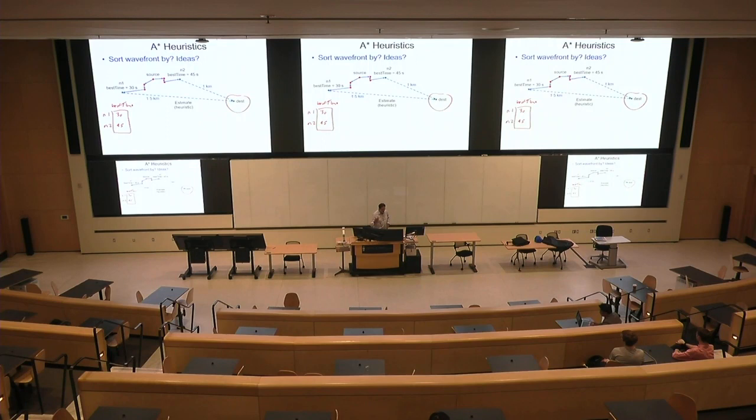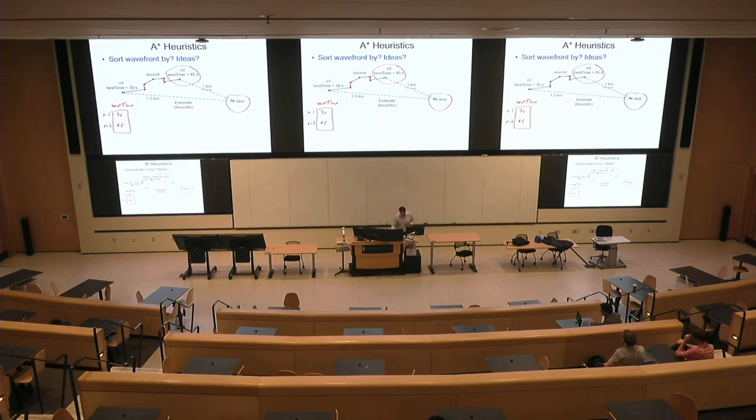Okay, so I'm going to give you, let's see, actually maybe I'll give you 1 minute to think about this. What kind of heuristic would you use? So something you can compute quickly, but that you're going to bring into your wavefront sorting so that you understand that N2 is looking closer to the destination.